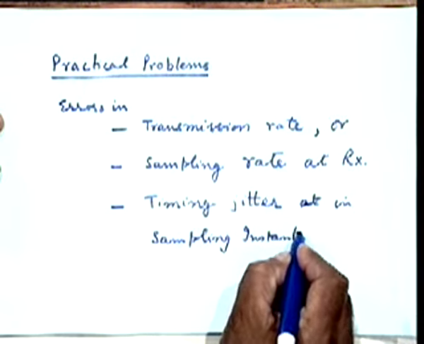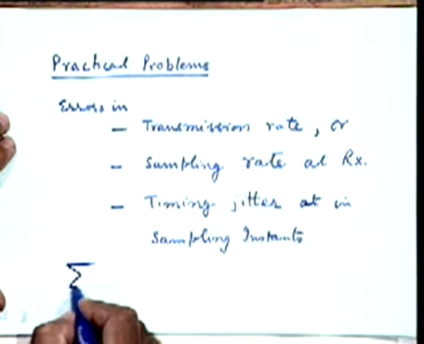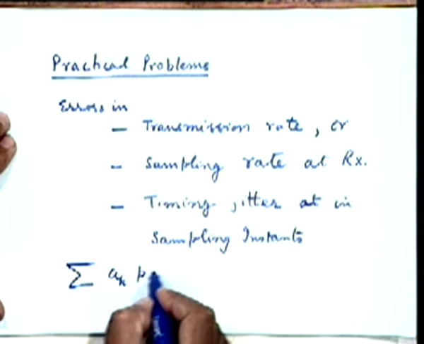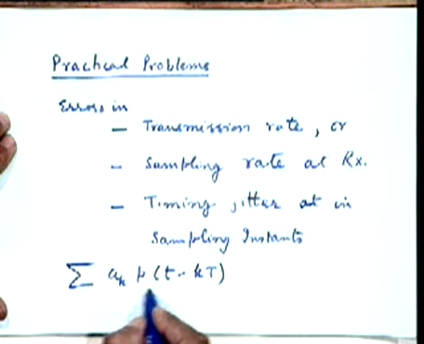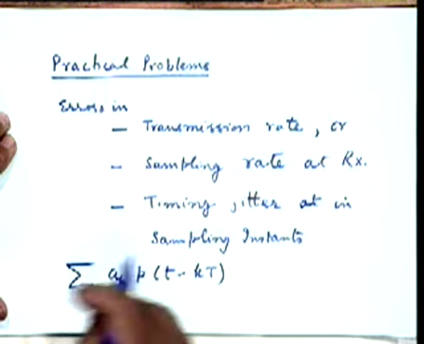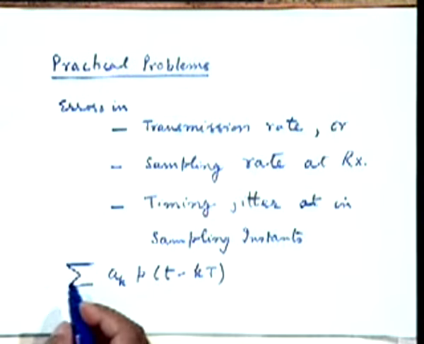Now in any of these situations we can again come back to the same problem which we wanted to avoid, namely intersymbol interference. Is that clear? Because this summation a_k p(t minus kT), again at the sampling point, if all the other pulses are not being looked at as being 0, they will contribute to your sample value here, right?